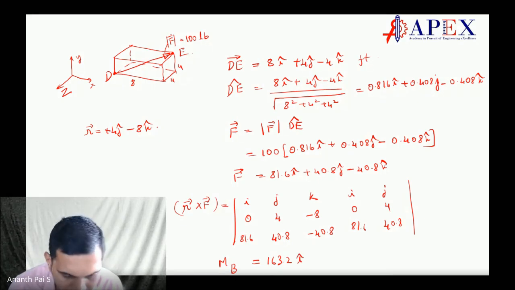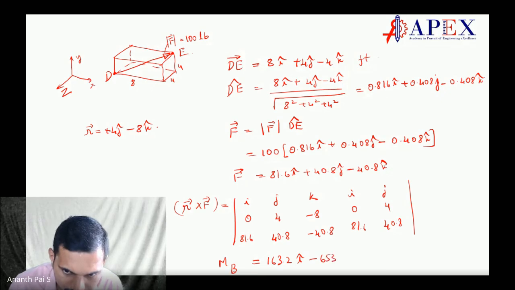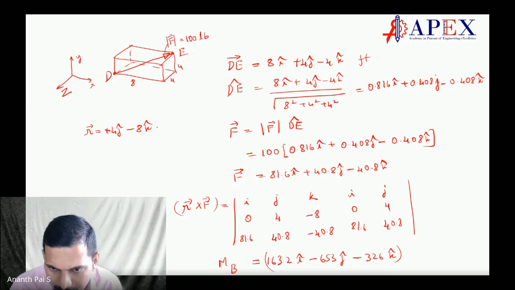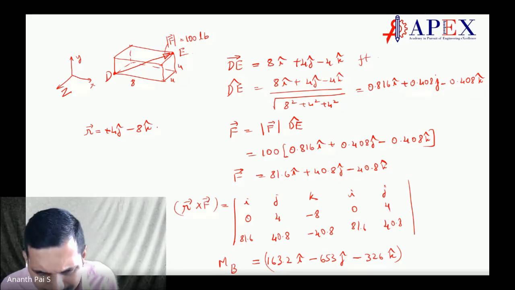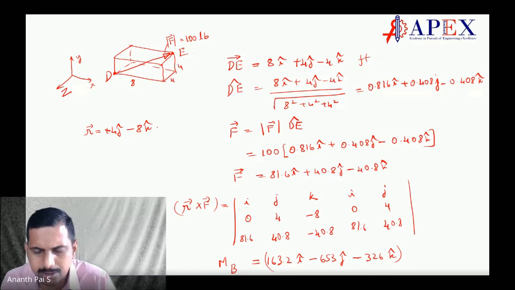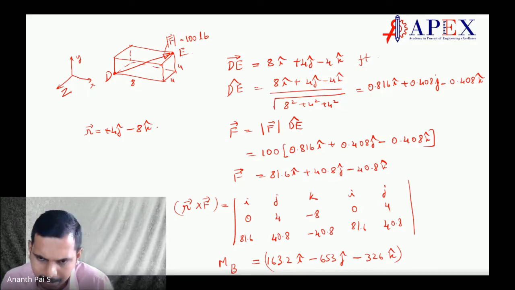You may differ, I rounded it off. Yes, 653 j. I'm sorry, I told you wrong. Minus 326 k. Did you get this? Close to that, because I rounded off. A bit here and there is okay. Instead of 163 you get 165, no problem. Instead of 653 you get 650, no problem.